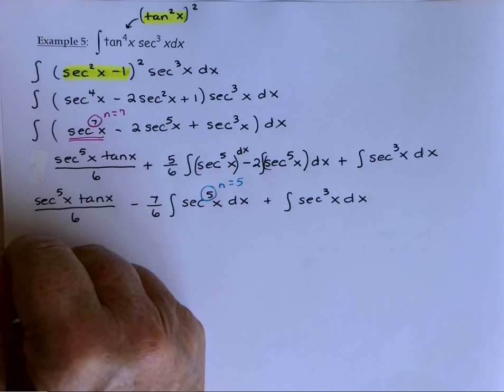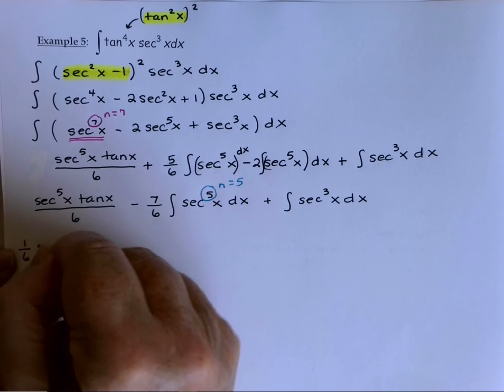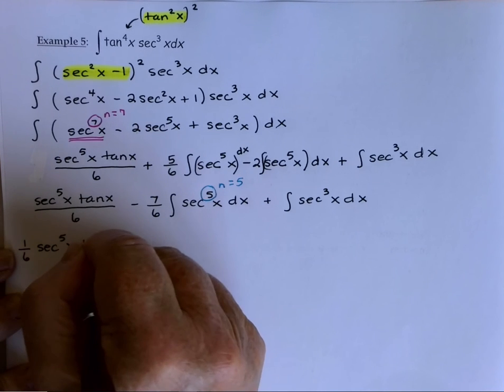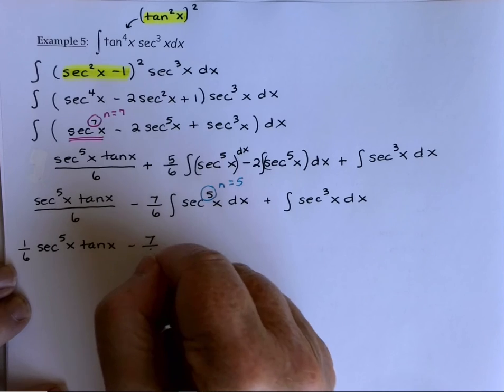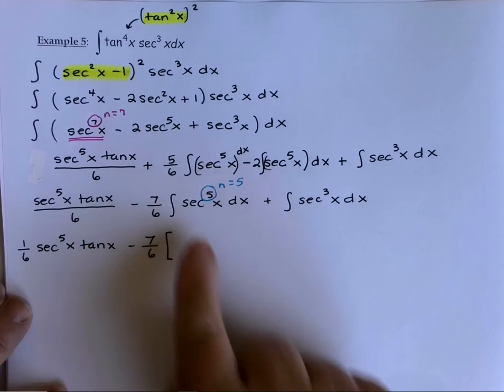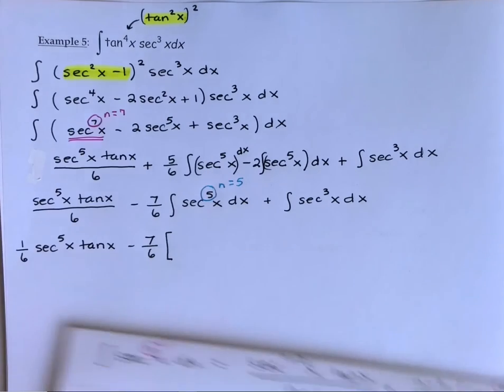So I'm going to write that as 1/6 secant to the 5th x tangent x minus 7/6 times. Here we go, reduction formula with n of 5.